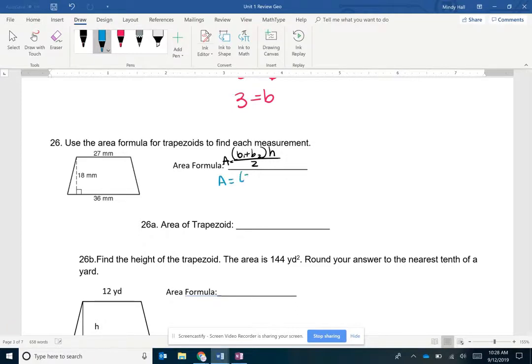So area is 36 plus 27 times 18 divided by 2. So on your handy-dandy calculators, 36 plus 27 gives you 63. 63 times 18 gives you 1,134 divided by 2. And when you divide that by 2, you get 567. So 567 millimeters squared.